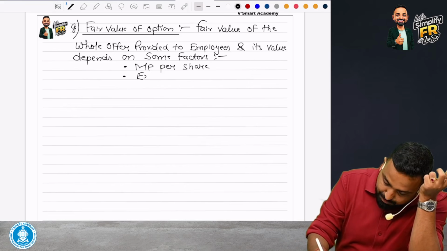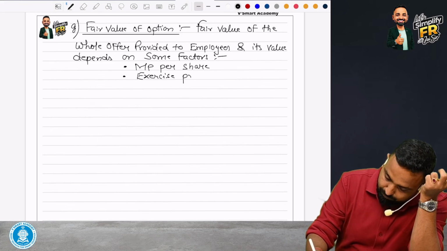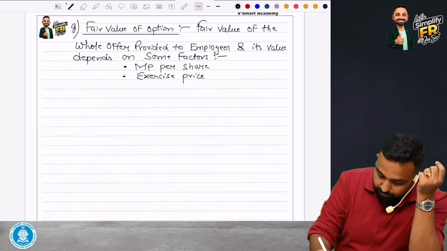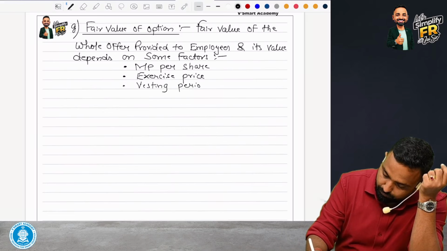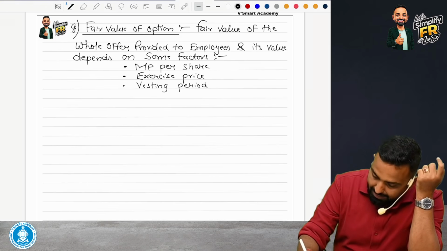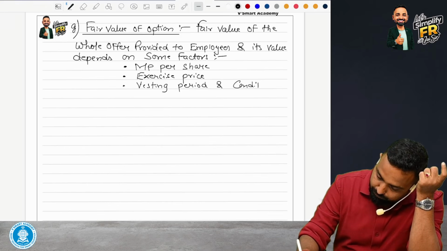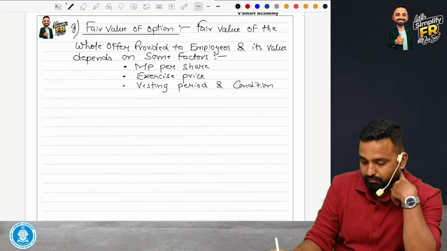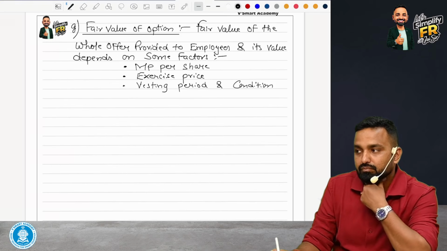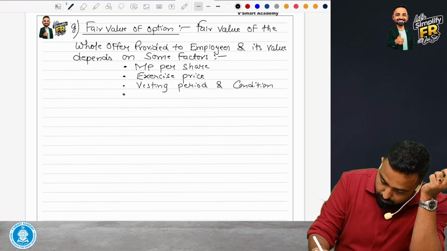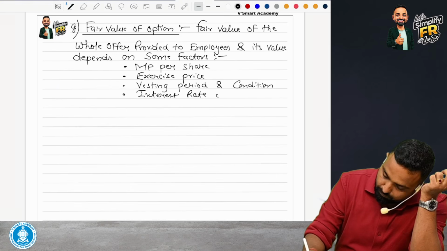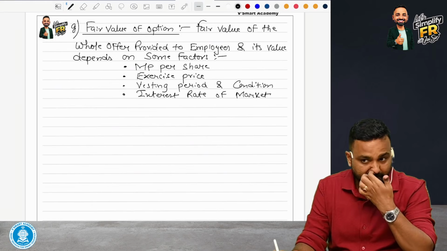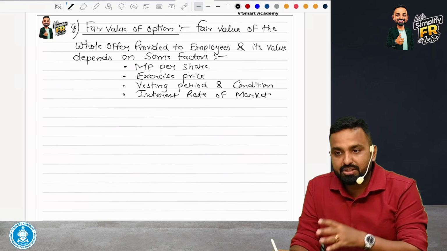The exercise price, the vesting period, and condition, interest rate of market. So this value is derived from these factors.